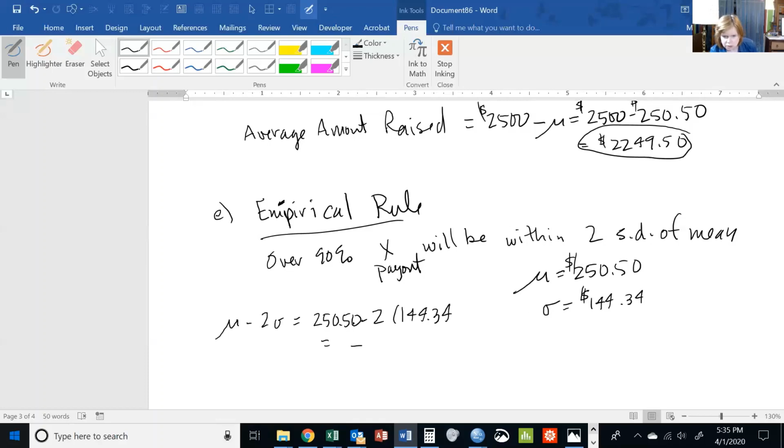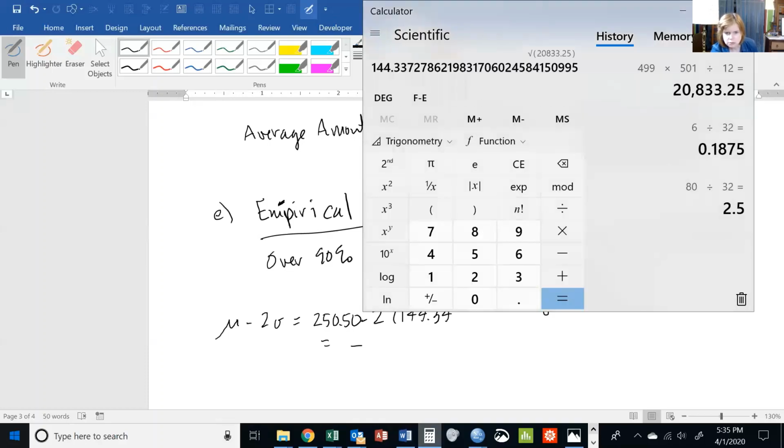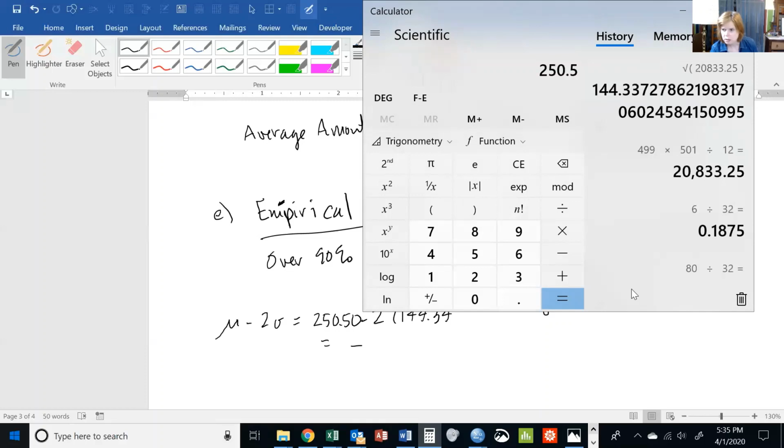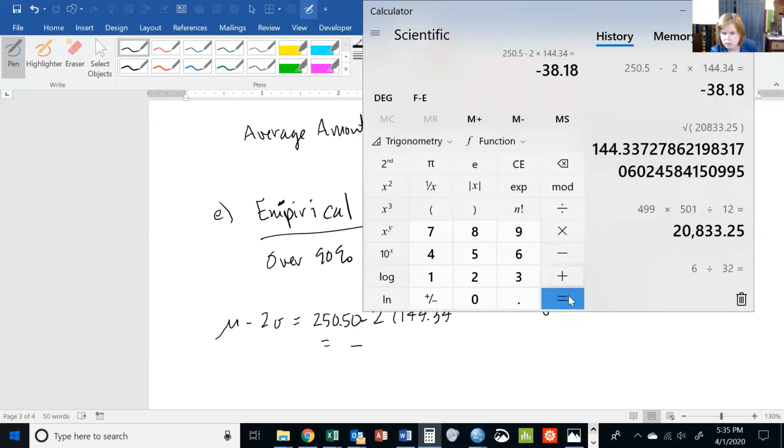Let's calculate it: 250.5 minus 2 times 144.34 gives minus $38.18.